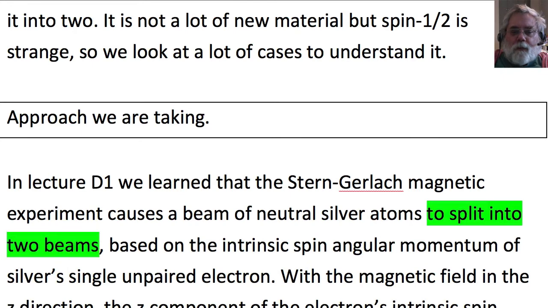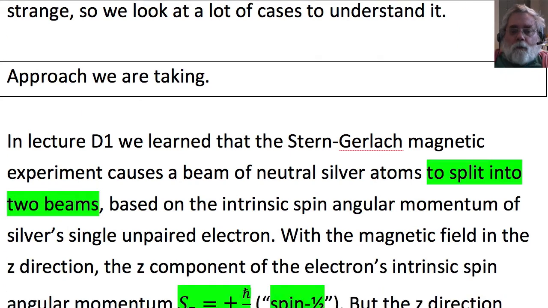Here's the approach we're going to take. In lecture D1, we learned that the Stern-Gerlach magnetic experiment causes a beam of neutral silver atoms to split into two beams based on the intrinsic spin angular momentum of silver's single unpaired electron.